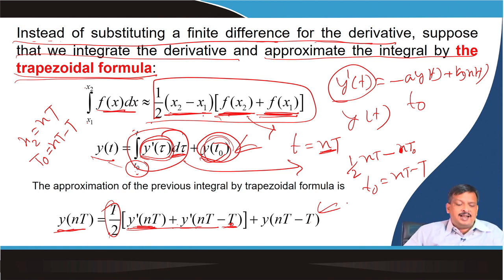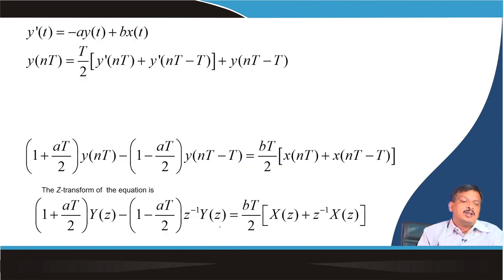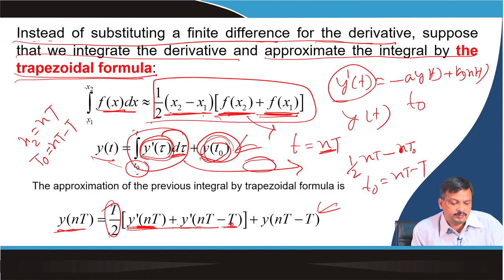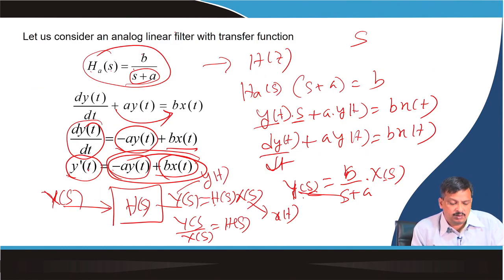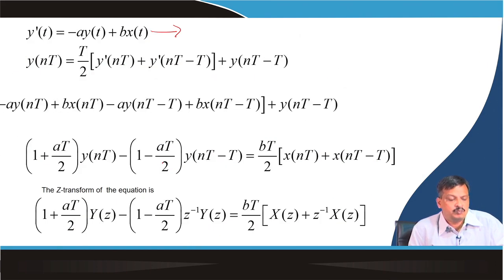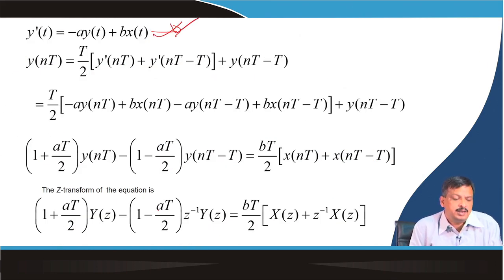Now, if it is that, then instead of y prime nT, so this x1 is nT minus T. Okay. So I can say the y prime, this I already know, this one already we derived. So I can say that this I know. Then this I derived right now.